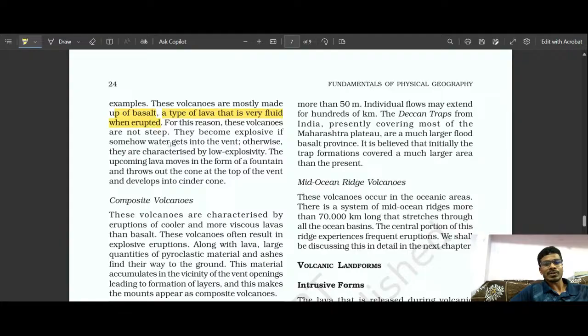They become explosive if somehow water gets into the vent. Otherwise they are characterized by low explosivity. The upcoming lava moves in the form of a fountain and throws out the cone at the top of the vent and develops into a cinder cone.